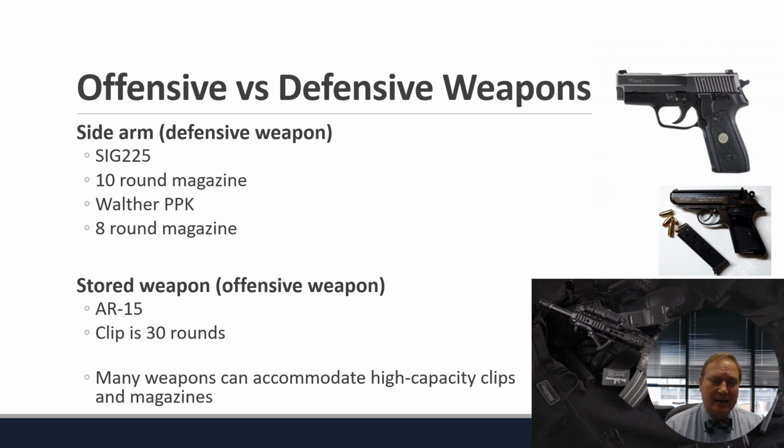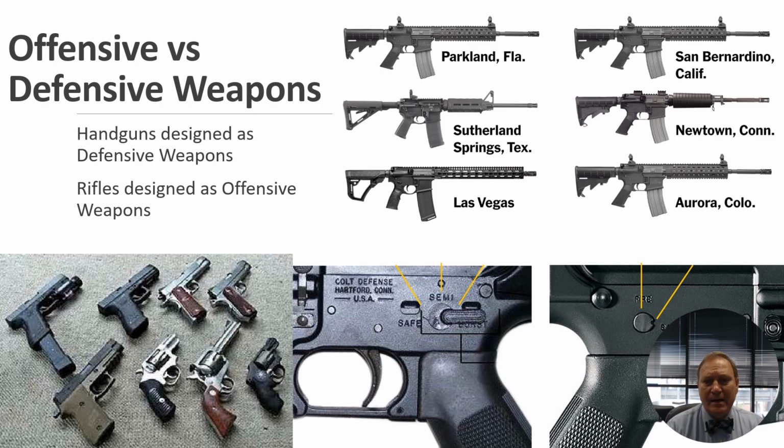Just understand the velocity of the projectile is much faster and can penetrate most standard body armor, and therefore we have a great deal of concern about someone using an AR style weapon, even more so than someone using a handgun. Again, offensive weapons versus defensive weapons.